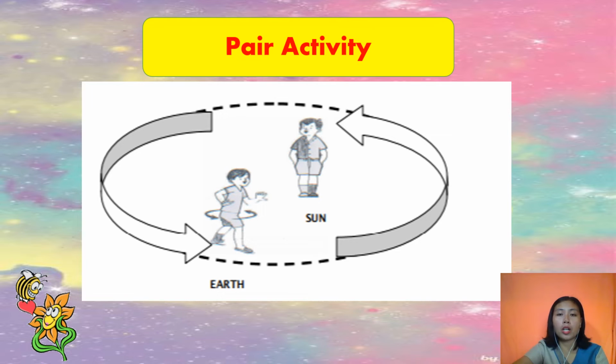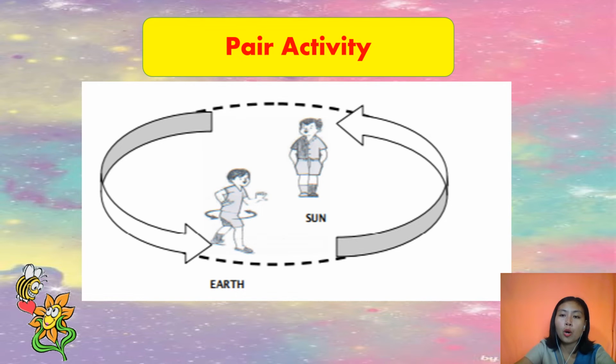So first, you are going to draw a large circle on the ground. Then your parent or your brother or your sister will act as the sun, will stand at the center of the circle, then you will be the earth. You will stand on the circle, and then you will rotate.